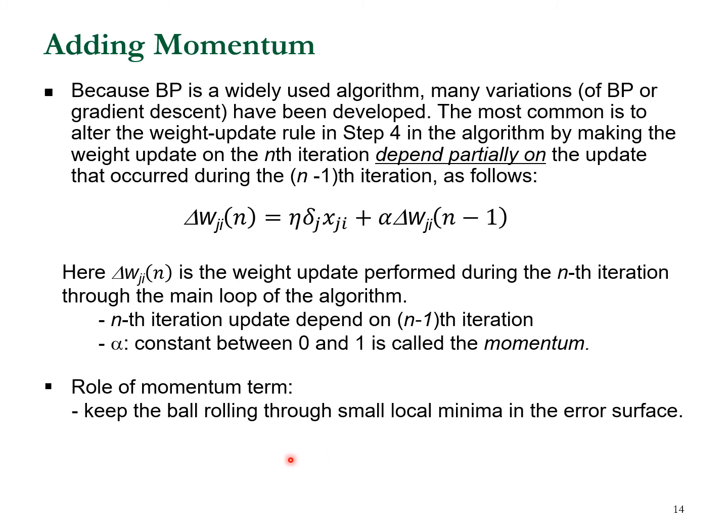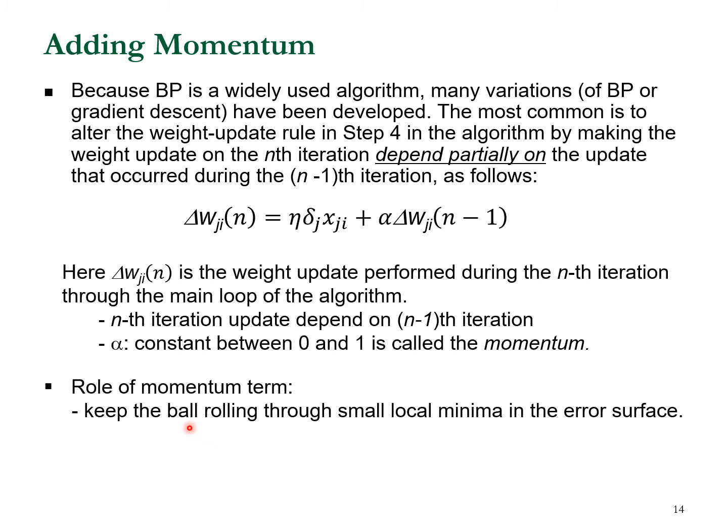It doesn't go in one direction and all of a sudden go the other way. It doesn't work that way. So that's the intuition behind momentum. When you update the weight and change the sign of this delta value, it's kind of changing direction. So that's the intuition behind this momentum, like a ball rolling.